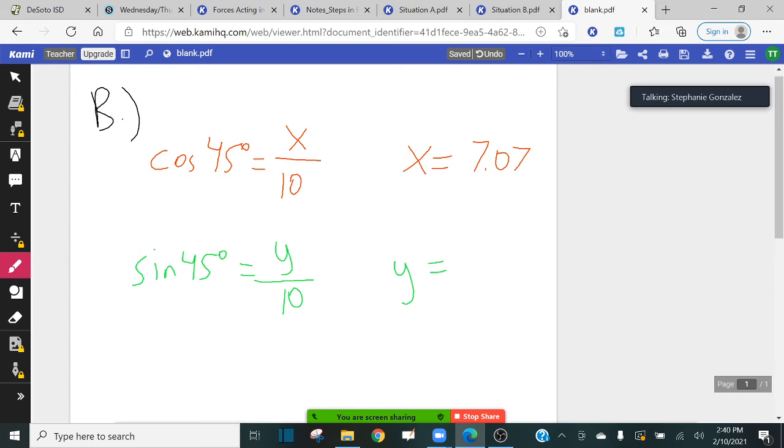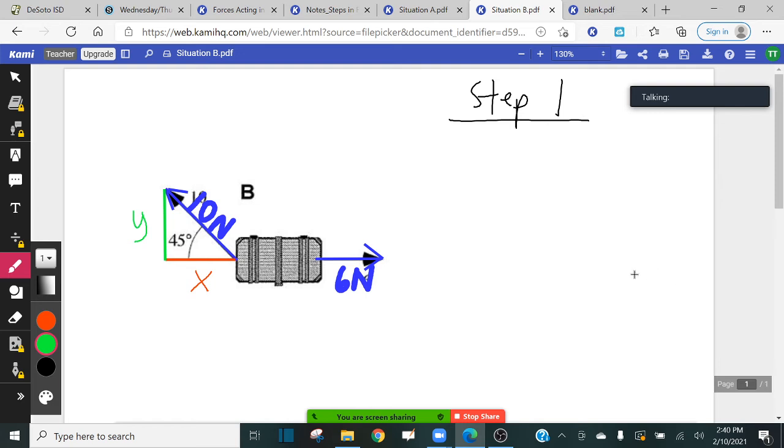The same thing. Yep. Anytime you have a 45-degree angle in a right triangle, your x and y will always be equal. Both x and y are 7.07. Is everybody following me so far? Yes. Okay, awesome.